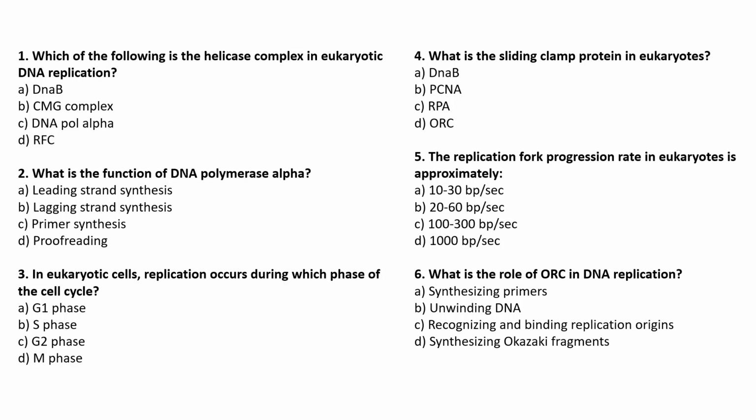Option C. That's great. That's correct. It is important for helping to bind to the origins. I think others have also got it right. So this is essentially your initiating complex. It recognizes and binds these different origins.